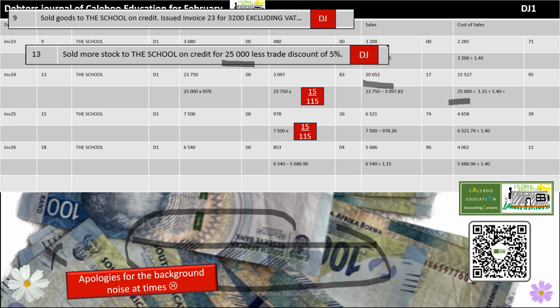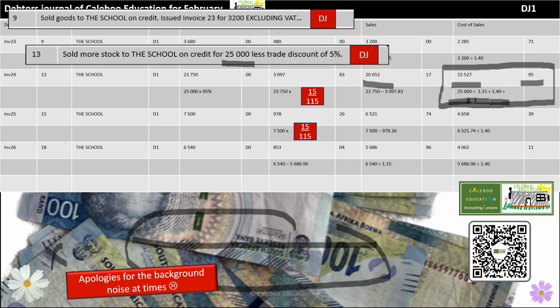Now, in order to work out the cost of sales, I say the amount before the trade discount, take off the VAT, divide by 1,4, 1 plus the 40%, and that gives us 15,527 and 95 cents.